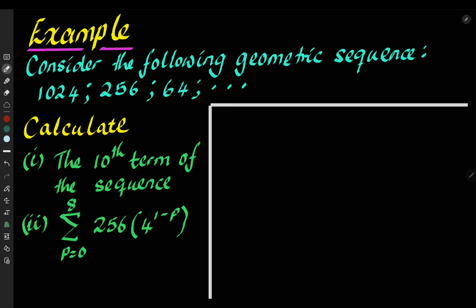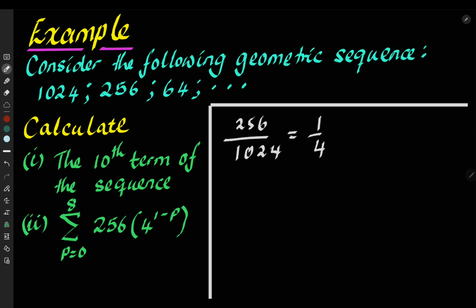In this example, we are told to consider the following geometric sequence, with the numbers 1024, 256, and 64. To see that it's a geometric sequence, remember we said we have a common ratio. It's always the succeeding term divided by the preceding one. So that will be 256 divided by 1024, which gives us a quarter.